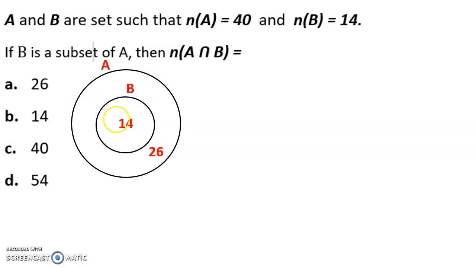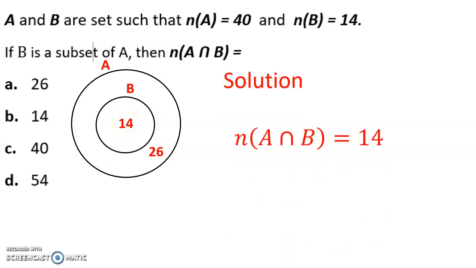So given that B is a subset of A, we know that 14 is already inside of B. So what is left that is not inside of B would be 26. So that's how we got the diagram. And the intersection of A and B would be everything in B, which is 14. So that means our answer is B.